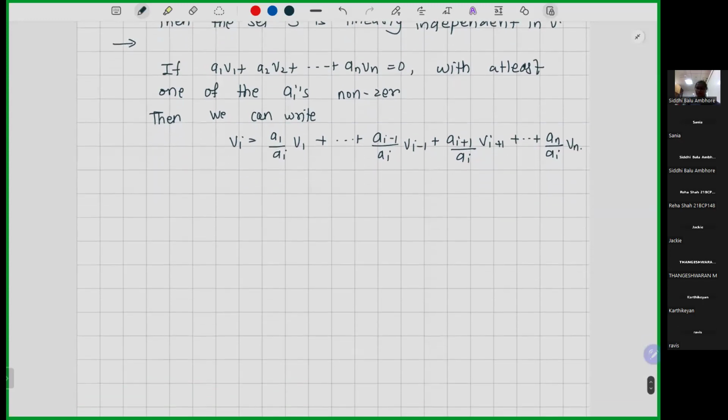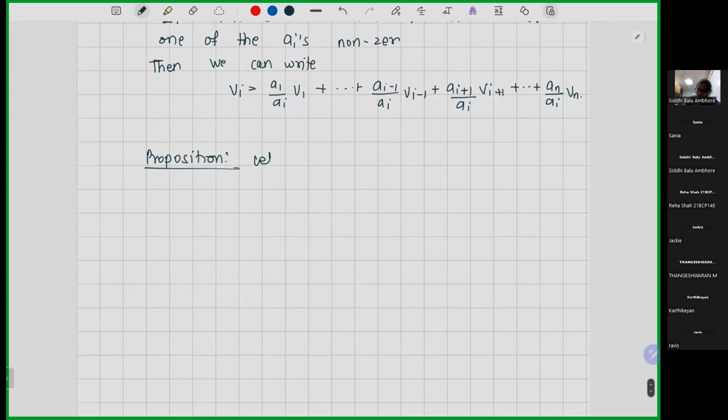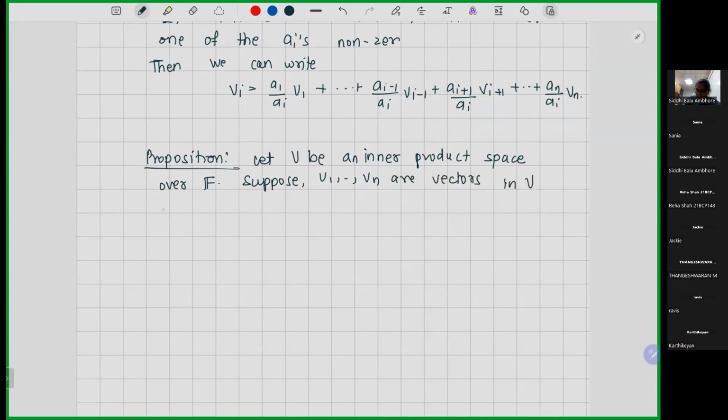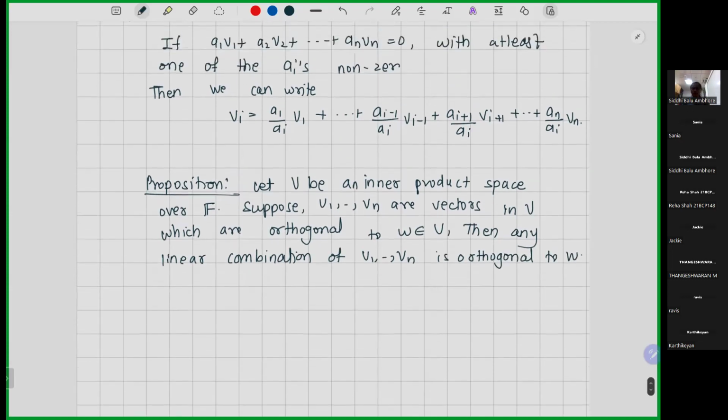Okay, then we have this proposition which states that: let V be an inner product space over F, and suppose V1 to Vn are vectors in V which are orthogonal to W in V, then any linear combination of V1 to Vn is orthogonal to W.